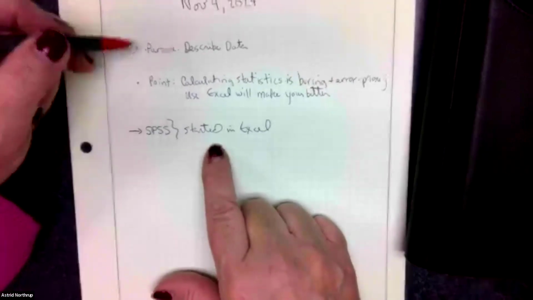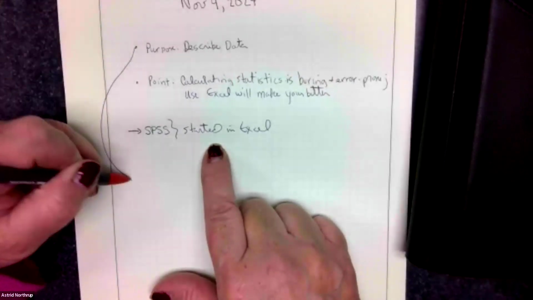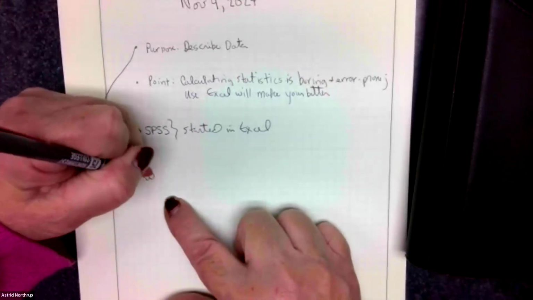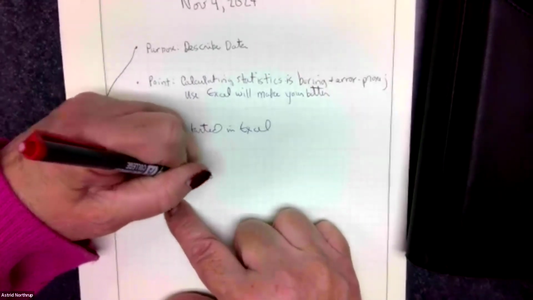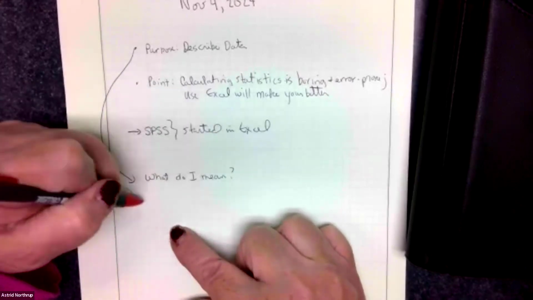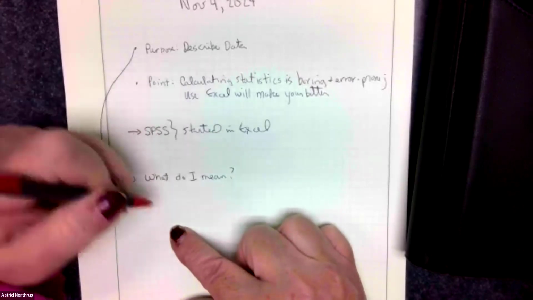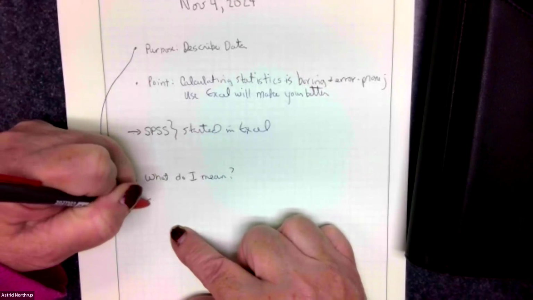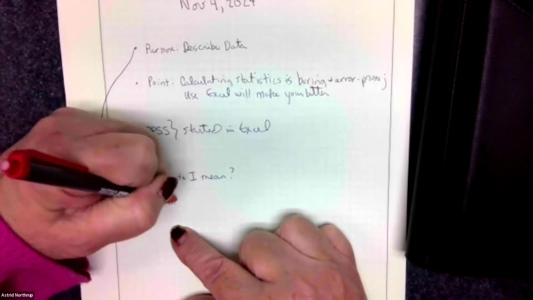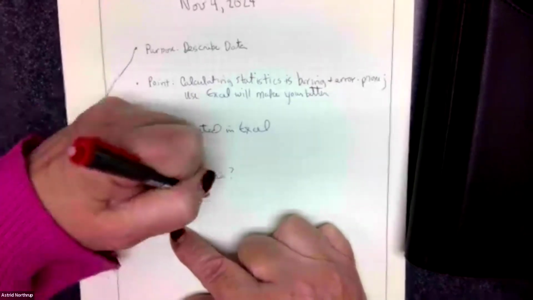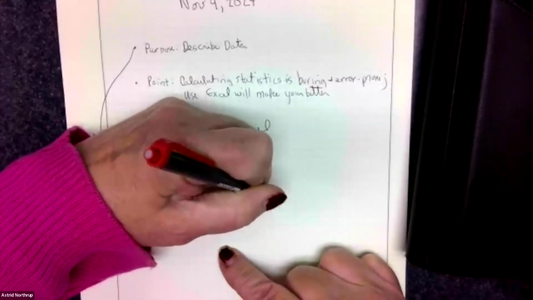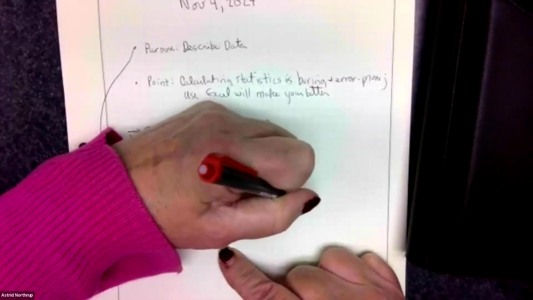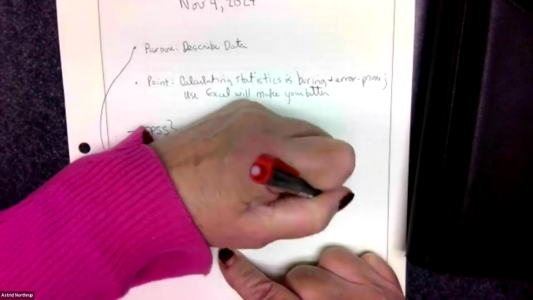So what I said, the purpose of statistics is to describe data. What do I mean by that? Let's talk about something like, if somebody asks you a question and they say, what is the average price of a home in Cowley, Wyoming?